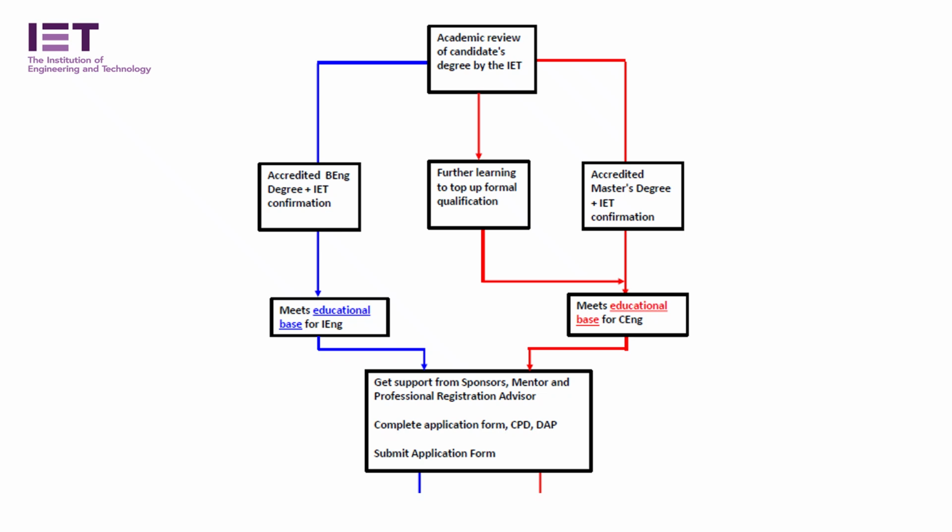The sponsors should preferably be chartered members of a UK engineering institution like the IET or even the IMechE or ICE. It's also important to get a professional development mentor and a professional registration advisor to provide advice along the way.